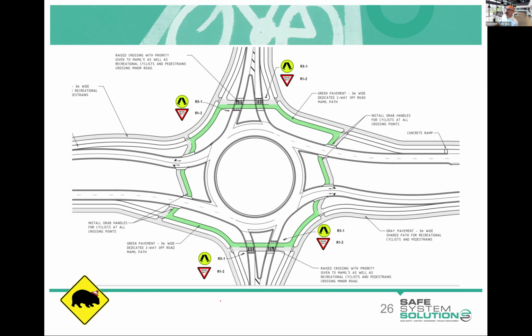What we encourage, in all of these roundabout scenarios as our best practice, is that full separation, full circulating carriageway for riders outside of the circulating carriageway for vehicles. So a 2-lane one's problematic.